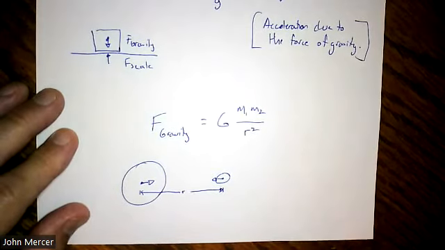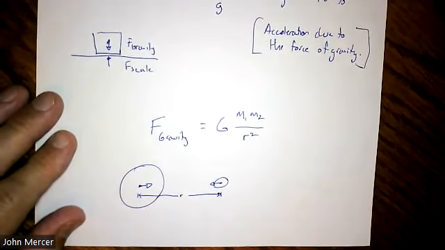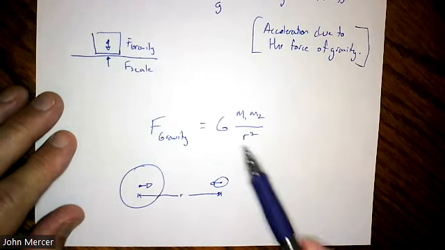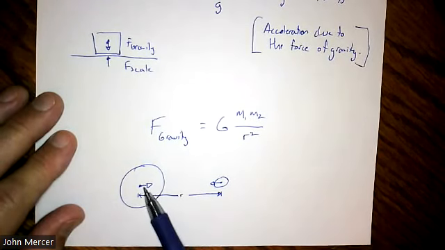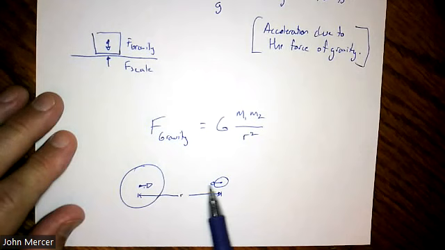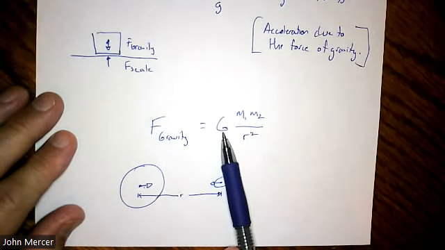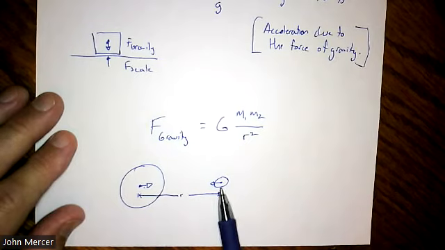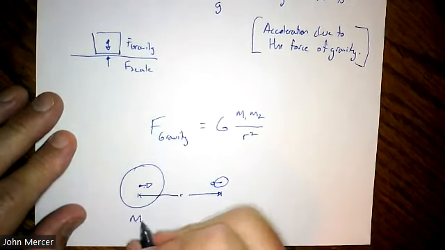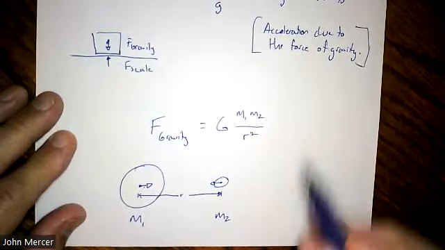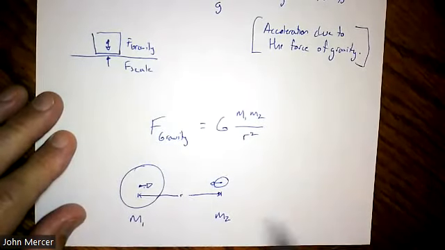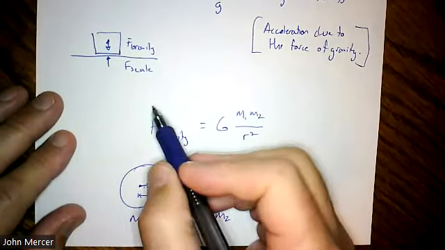This is the distance between the two objects, the centers of mass of the two objects. And we can calculate the force of gravity, either one of these forces, these are going to be equal and opposite to each other, using this equation: a gravitational constant times the mass of one object times the mass of the other object, over how far apart they are squared. And that actually gives us the force of gravity.